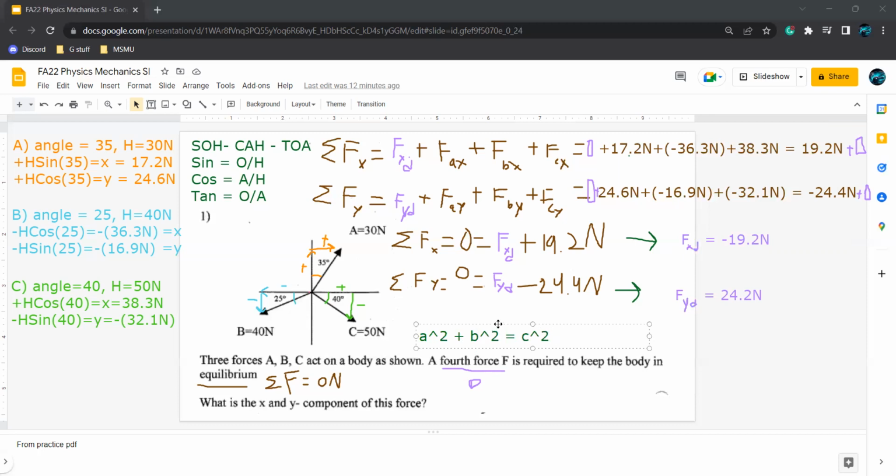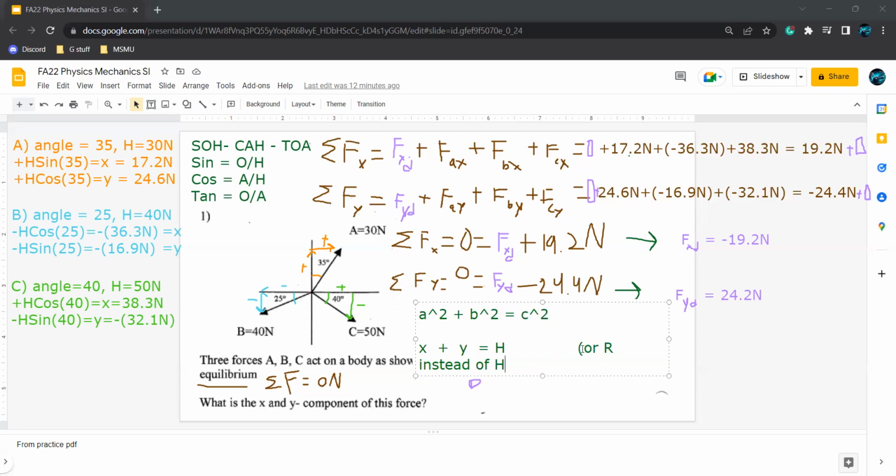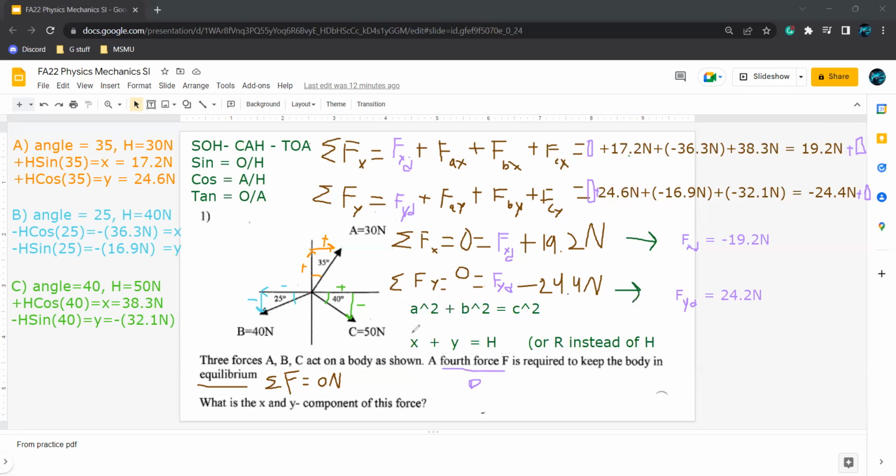In this case, that becomes x squared, I'm going to leave space, plus y squared is equal to, I've been using hypotenuse, so I'm going to keep using H, but H can also be R for resultant vector, squared.